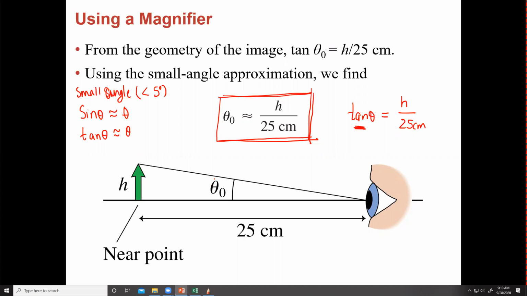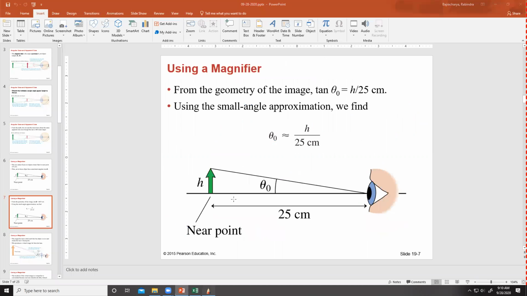Now, if we use a magnifier, for example, let's consider a magnifying glass. A magnifying glass is a convex lens.